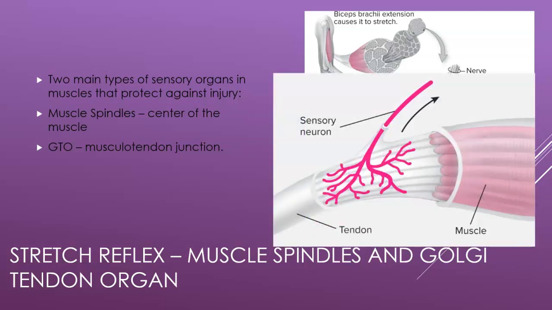When you look at this, both of them are taking in information. So they're both on the afferent side of the equation, the sensory side, to cause a motor or efferent response.